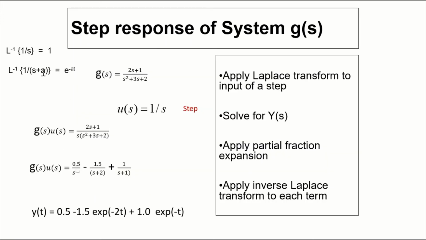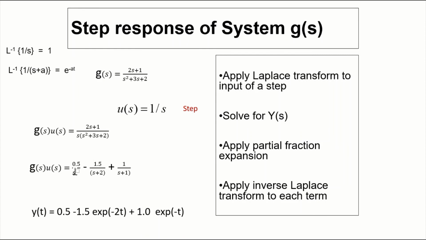Now, if we have some transfer function form here and we want to look at say the step input, then we multiply the two together to get us this function here, and then we split this into partial fractions, and then we have to work out the partial fraction coefficients, take the inverse Laplace transforms, and we get our solution. So when we split this up, it gives 0.5 over s minus 1.5 over s plus 2 plus 1 over s plus 1.